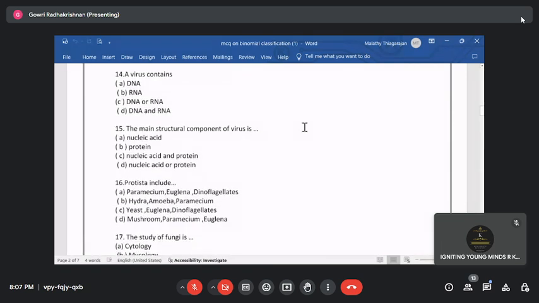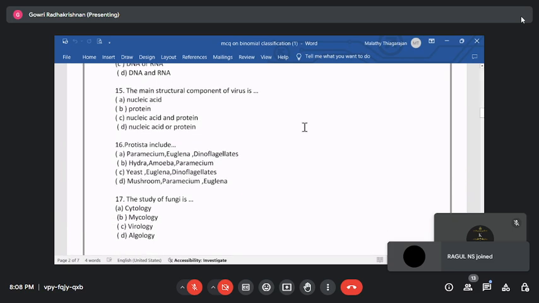Next, question number 14: a virus contains what? Option C, DNA or RNA. It need not have both. Most viruses have RNA, but some have DNA also.